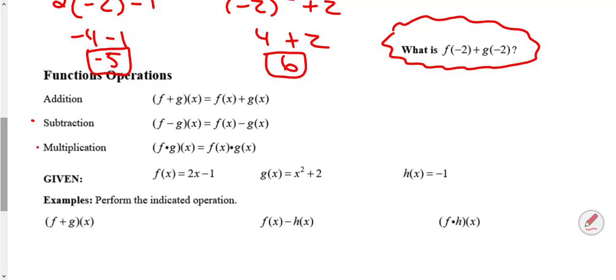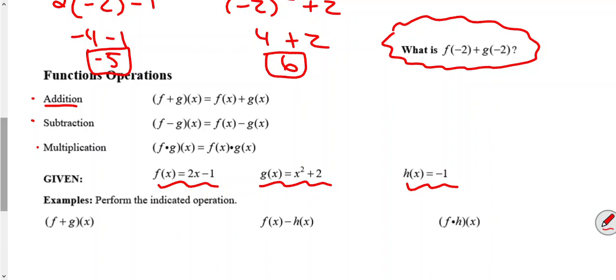We'll do that when we do inverses at the end of this unit. All right, so let's look at what some of this means. Okay, so you'll be given different functions like you have down here. You may notice they're the same as above. Okay, that's intentional.